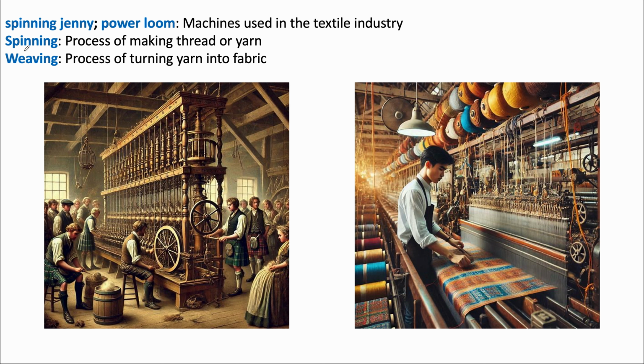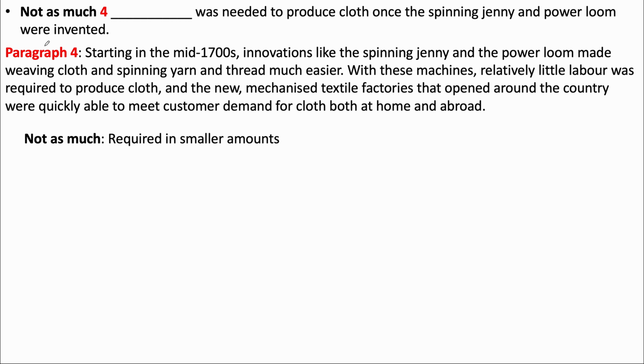Spinning jenny relates to spinning, which is the process of making thread, and power loom relates to weaving, which is turning thread into fabric. So, from the names alone, we can tell these are machines for spinning and weaving, which is enough to understand their role in the passage.